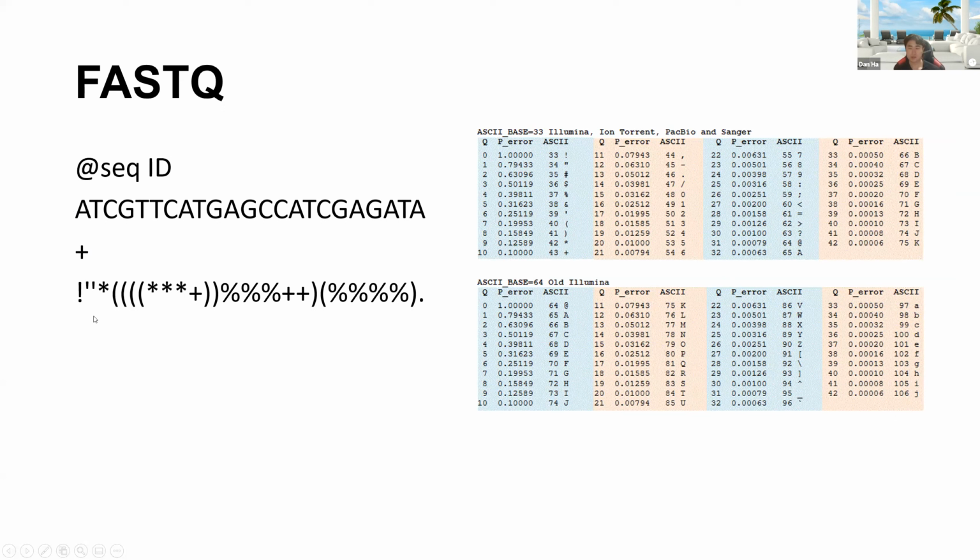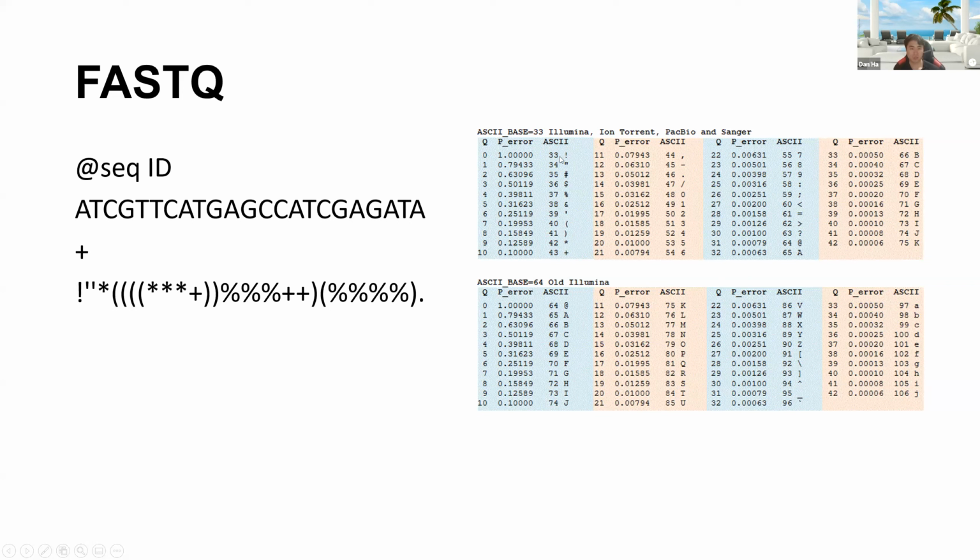Even though this is a character, you can convert it to a number. This is just in computer, everything is number, right? So this character can be converted to, based on their ASCII, what's called the ASCII code. You can convert them into a certain number. This number can represent certain Q values.